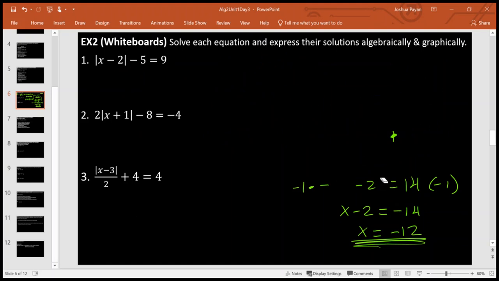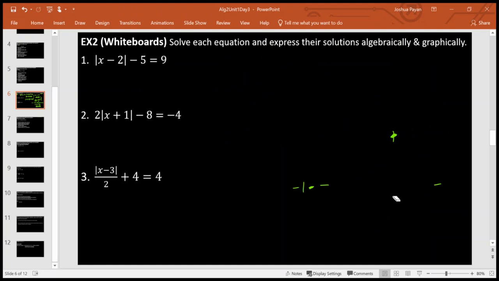As soon as I'm done erasing, there's got to be a more efficient way for me to do this. Okay, so here again, what we're trying to do is get this absolute value function by itself. We're trying to isolate it so that we can break it out into that dual solution set, right?